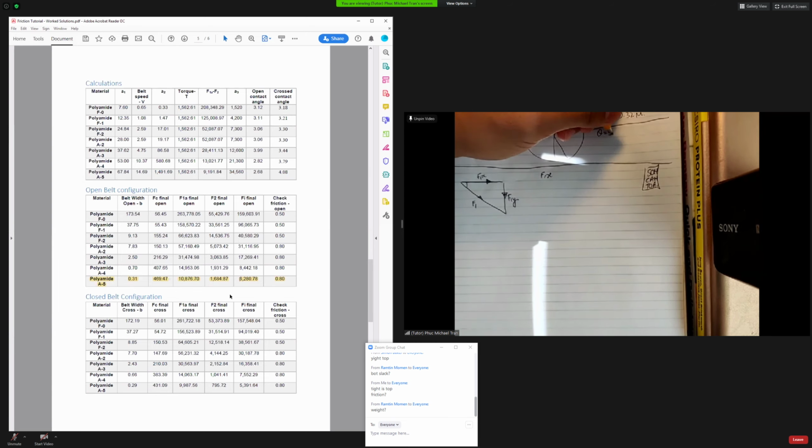Theta equals sine^-1 of (D minus d) on 2C.